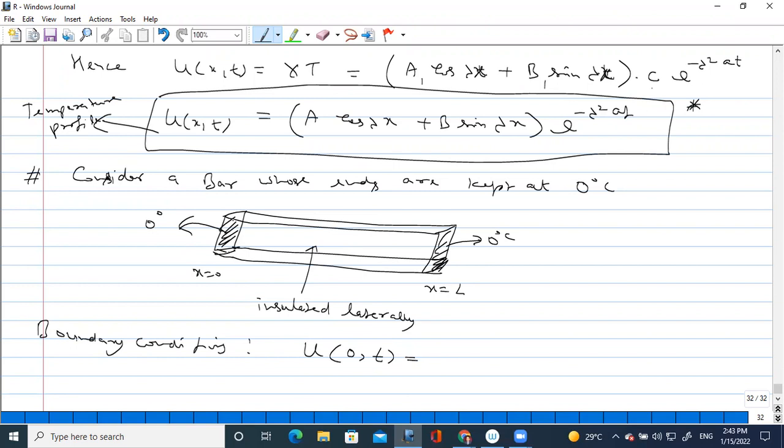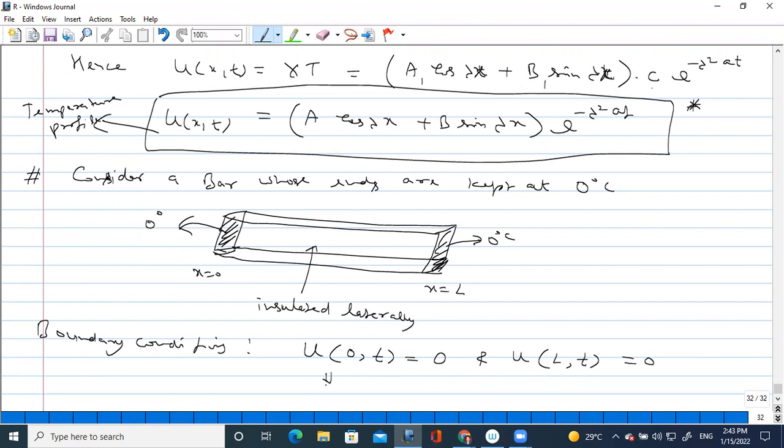If it is at 0 it means it is an end. At the end the value of temperature is 0. And one more condition is there, that the value of temperature at x equal to L, at any time you can check, is also equal to 0. So these are the two different conditions.